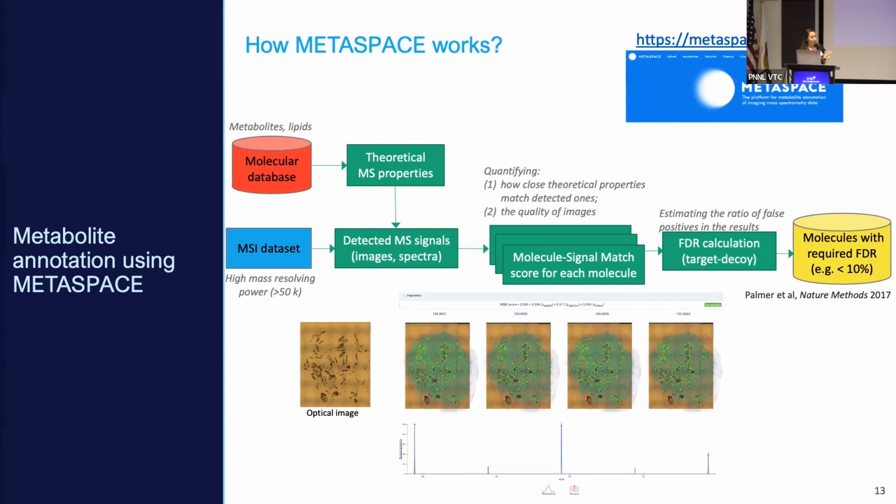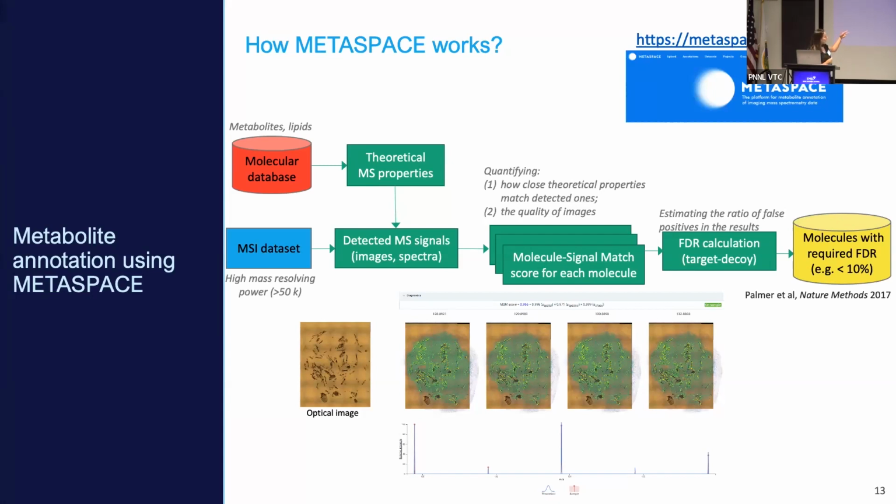The second step is to score each of those annotations, to check how close the theoretical properties match the detected ones, and to check the quality of the image. This is an optical image of one fungal garden cryosection, and here it is overlaid with ion images obtained by multi-mass spectrometry imaging. The MSM, molecule signal match score, is computed to check how well theoretical and experimental properties match for each isotopic pattern.